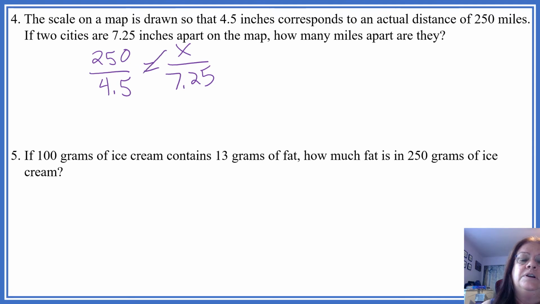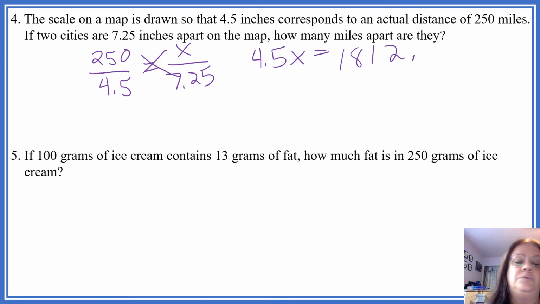All right, we're going to cross multiply or cross product, and we've got 4.5x equals 250 times 7.25. And we get 1812.5.